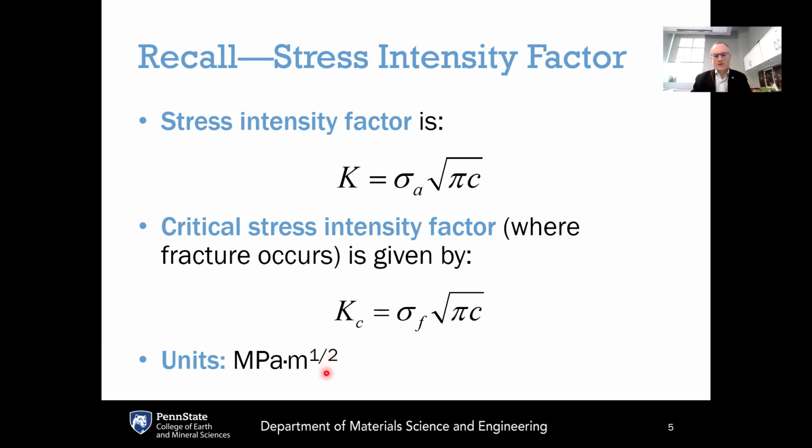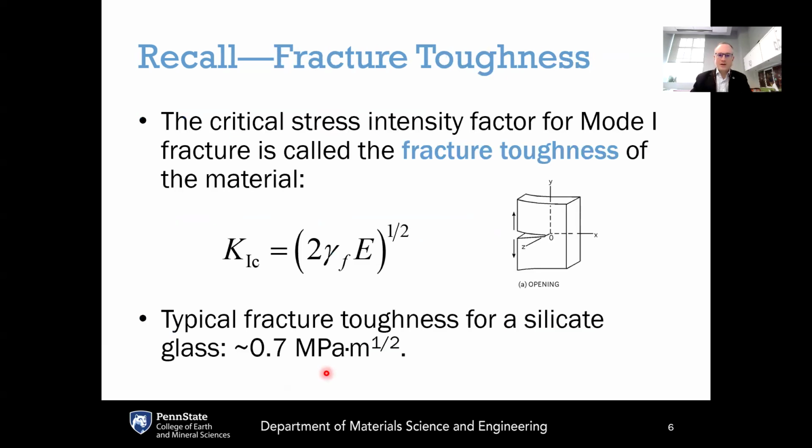The units of the stress intensity factor are megapascals times the square root of meters. And the critical stress intensity factor for mode 1 failure, this opening mode of failure, is defined as the fracture toughness of the material. That is denoted as K1C.